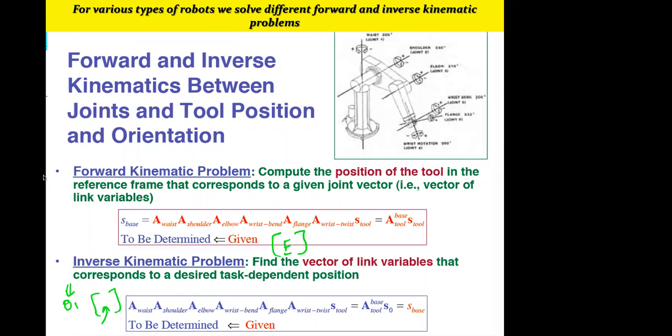So when you have to find out that thing, that will be called an inverse kinematic problem. So inverse kinematic problem can be when the end surface or tool coordinate is being given. So that will be called an inverse kinematics problem analysis.